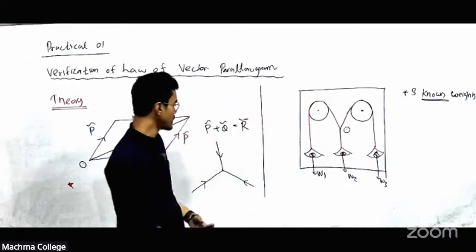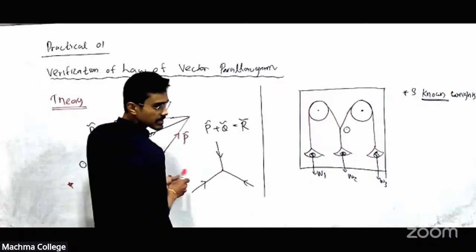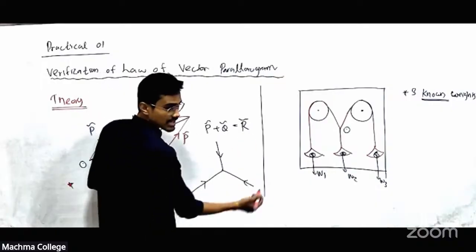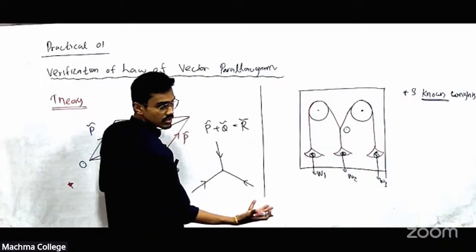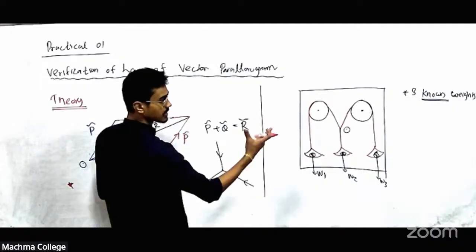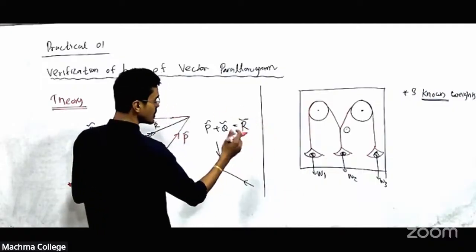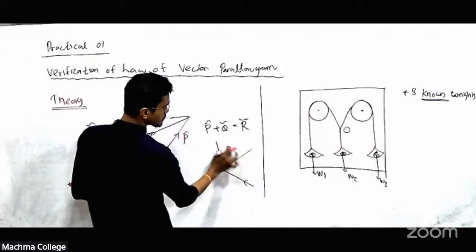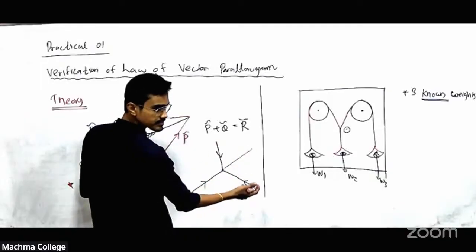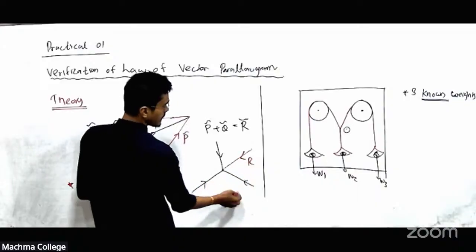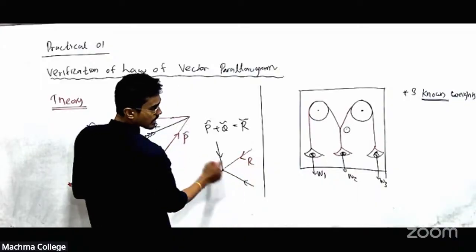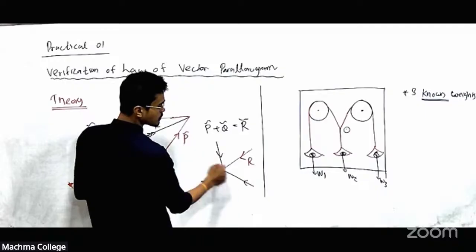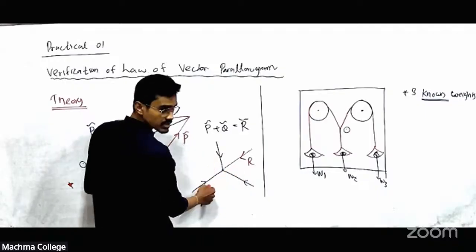It makes sense, no? Because if this is in equilibrium, the total resultant has to be 0, right? So let's say the resultant of these two is R, right? Then if I can narrow down the resultant of these two as R, then only two forces remain.